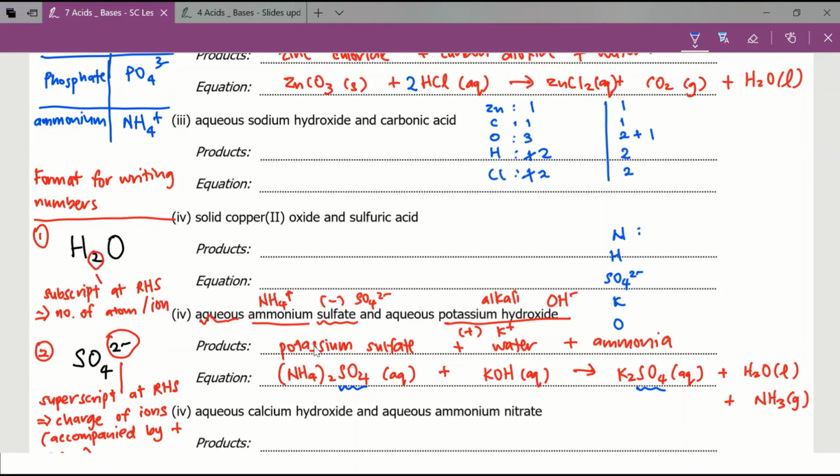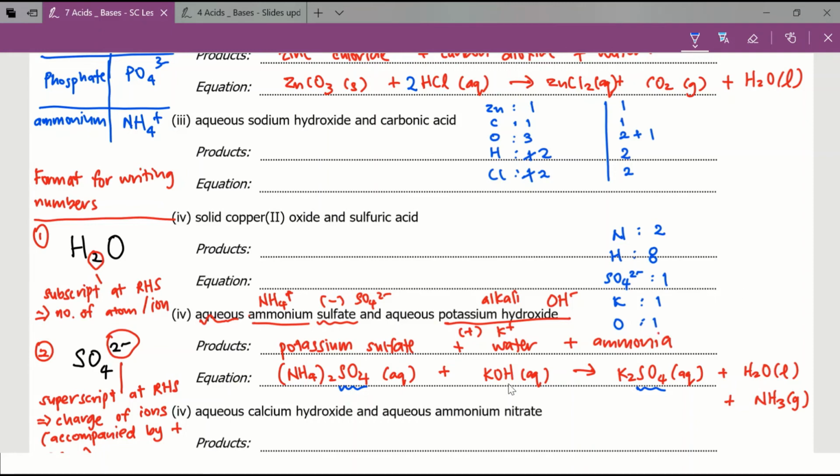Okay, so let's count. This is (NH4)2 which means that I have two sets of ammonium ion here. Right, so I will have two nitrogen. Hydrogen over here is 4 times 2, so that's 8. Sulfate, there's 1. Then in potassium hydroxide, K over here is 1, oxygen 1, and I've got one more hydrogen over here.